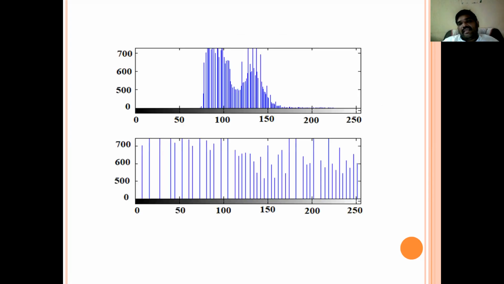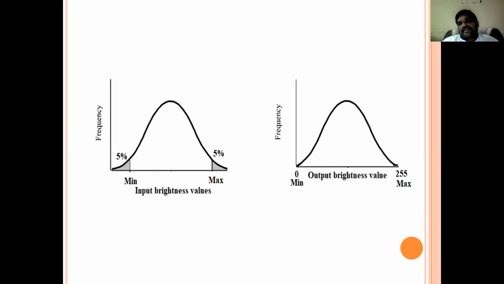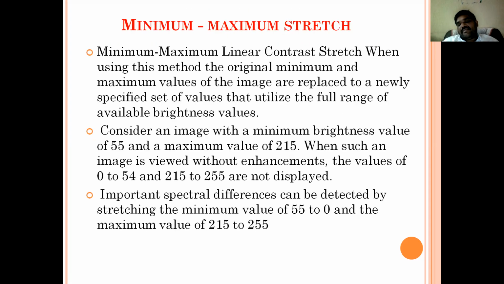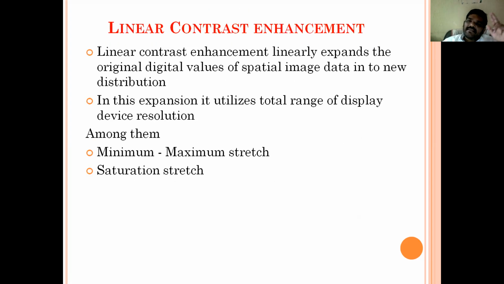When you have a look over here, in contrast enhancement there are two categories. One is linear contrast enhancement. In that, we discuss two because of time boundaries: minimum maximum stretch and saturation stretch.